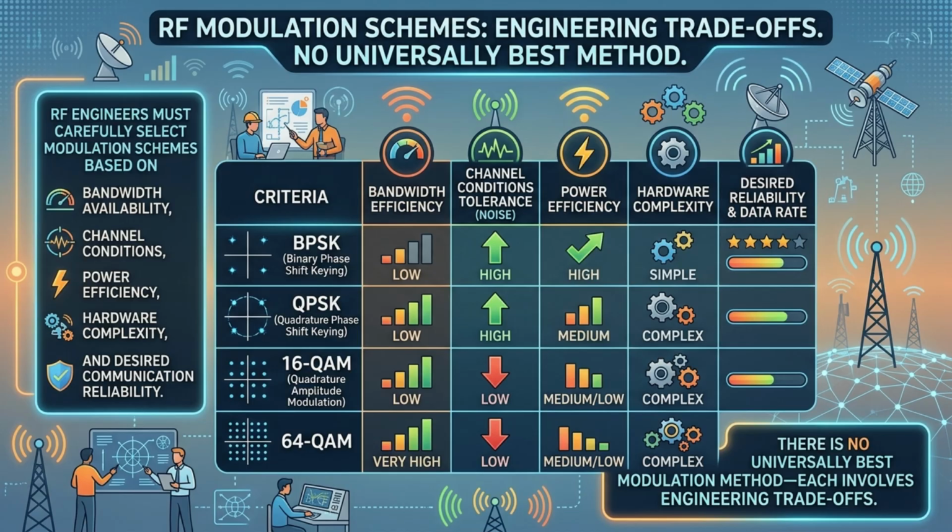RF engineers must carefully select modulation schemes based on bandwidth availability, channel conditions, power efficiency, hardware complexity, and desired communication reliability. There is no universally best modulation method. Each involves engineering trade-offs.